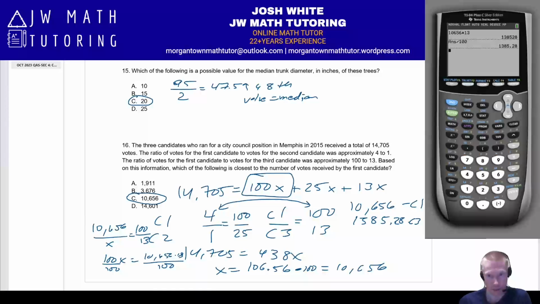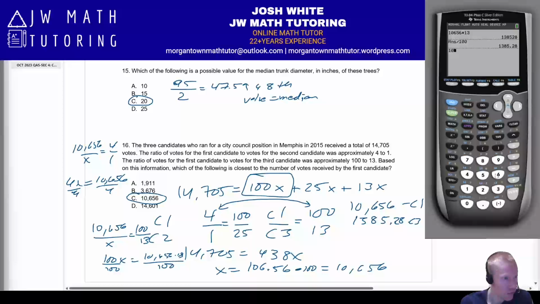Now we have to use the same ratio again and figure out how many votes candidate 2 would have gotten. So we set up another proportion: 10,656 over x, candidate 2's votes, and 4 to 1. If you cross multiply, you get 4x equals 10,656, so x is 10,656 divided by 4, which is 2,664.